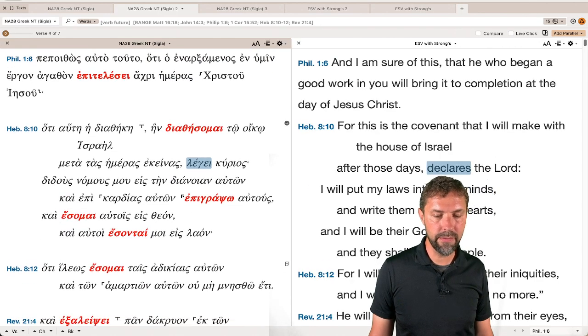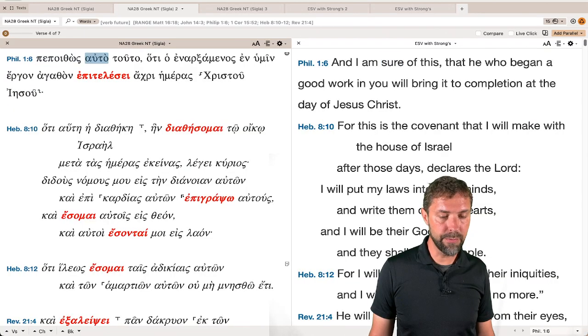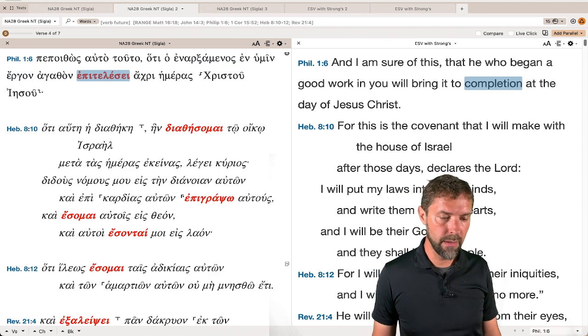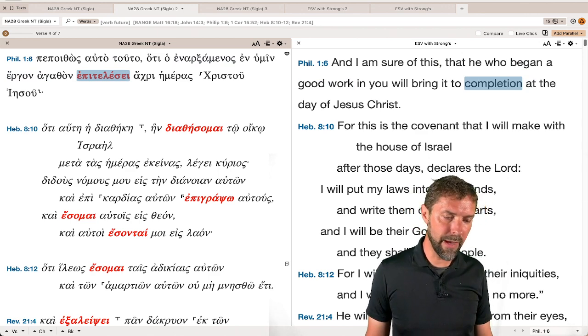Philippians 1:6, and I have been persuaded of this same thing. I'm certain of this. Having been persuaded of this same thing would be better. That the one who initiated or began in you a good work will bring it to completion. So you can see some morpheme action here. We've talked about prepositions on the front of verbs.